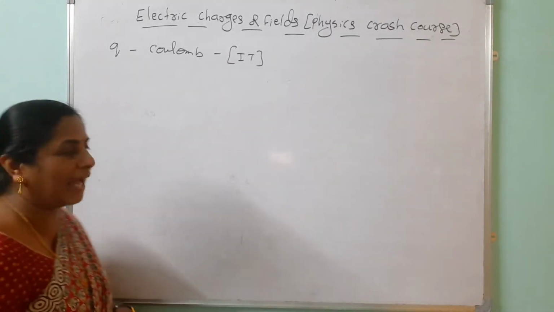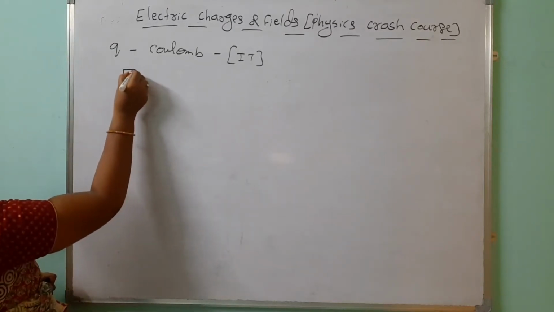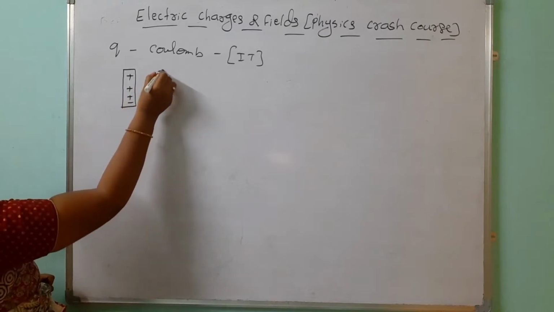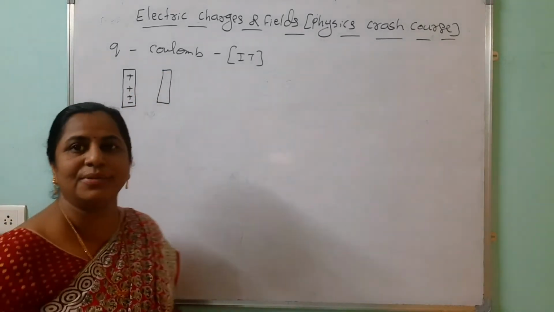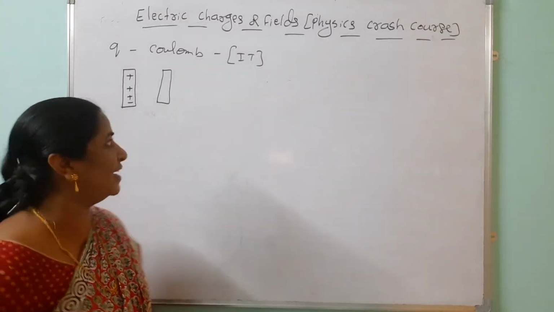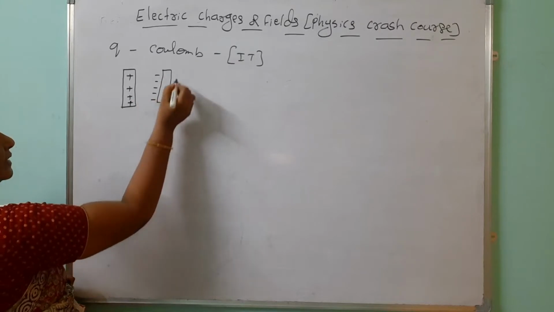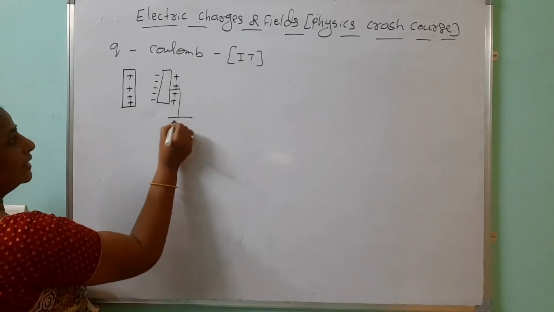In induction, what happens? Look here, this is a positively charged body, placed near a neutral body. Neutral body means the number of positive charges equals the number of negative charges. So what happens? All negative charges come like this, and these are arranged like this. Then on this side we give an earth connection.